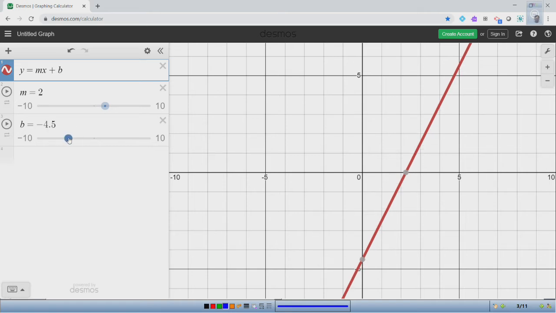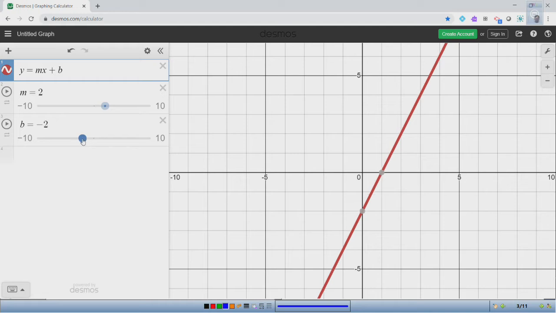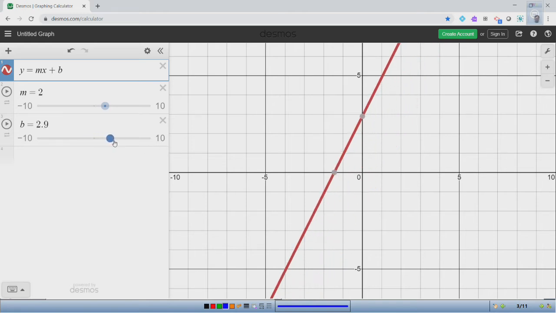Let's look at what happens when I move this to -2. You notice that the y-intercept is at -2. Let's move it up to 3. Now the y-intercept is at 3. So this number b, that number at the end, indicates the y-intercept, where this line crosses the y-axis.